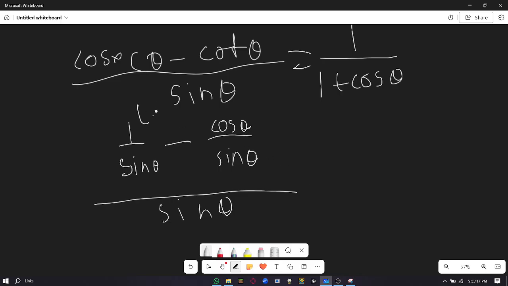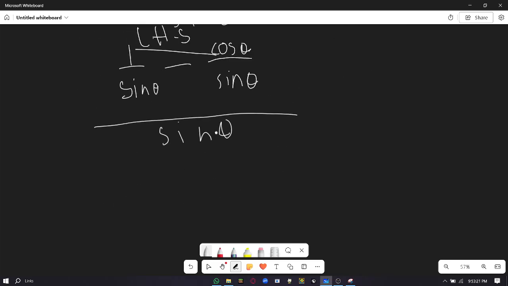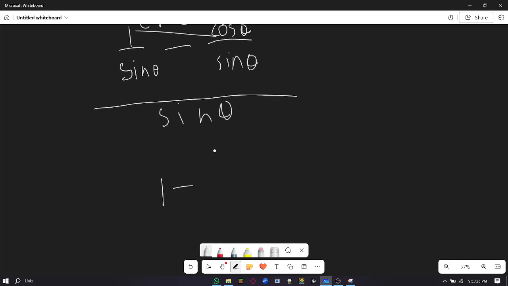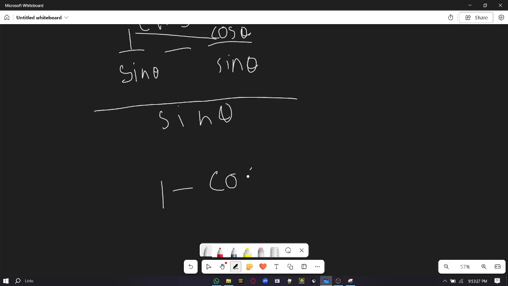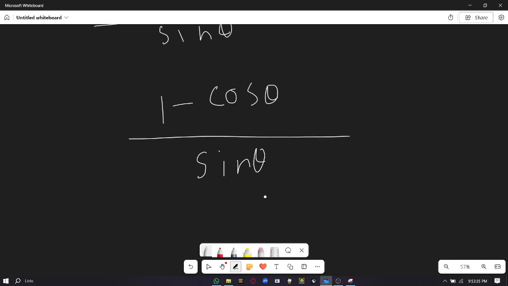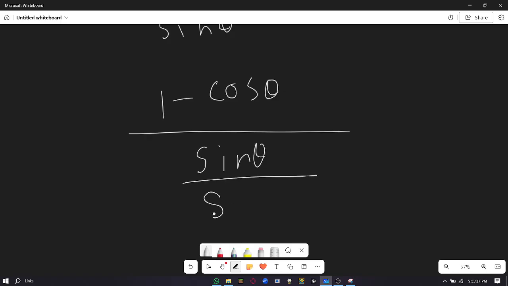Oh, LHS. I keep forgetting this. This is an important thing. Please write that. So the top becomes 1 minus cosine theta by sine theta, divided by sine theta.